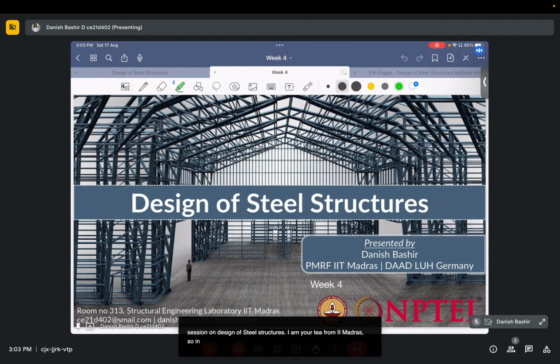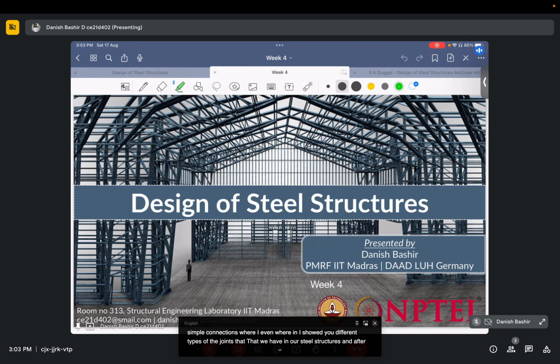In the last couple of weeks, we were seeing different concepts on design of steel structures. In the initial lectures, we saw the introductory lectures on steel structures, then the loads coming on our structure and the calculation of wind loads. After that, we moved to simple connections, wherein I showed you different types of joints in our steel structures.